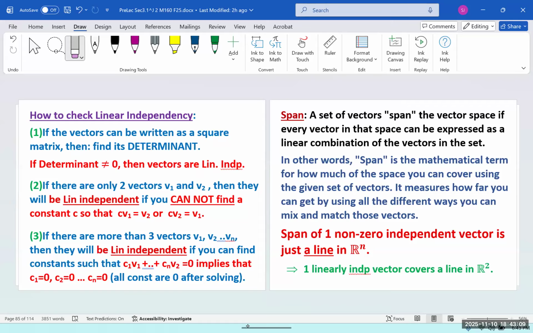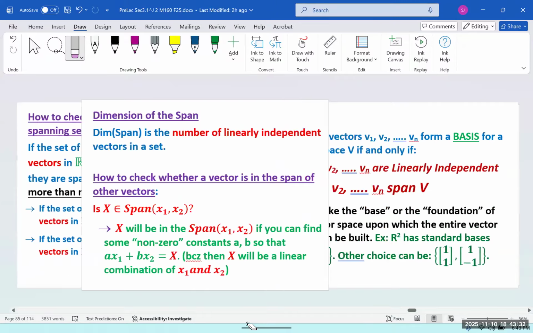Linear constant is for 2 vectors, we don't have 2 vectors. Oh, the third one: find some constants so that the combination gives us all zeros. So basically you're solving for the variables, solving for coefficients to figure out whether they're 0 or not.